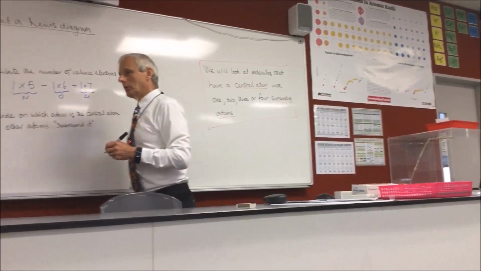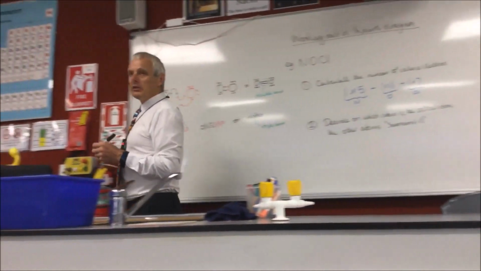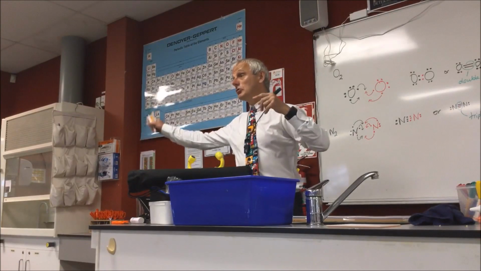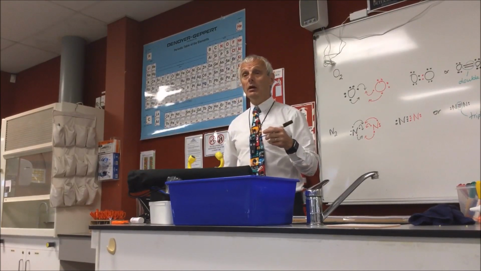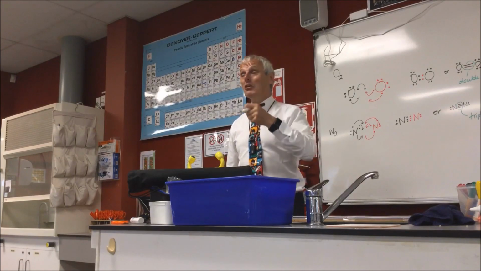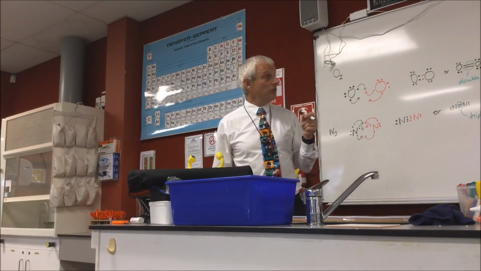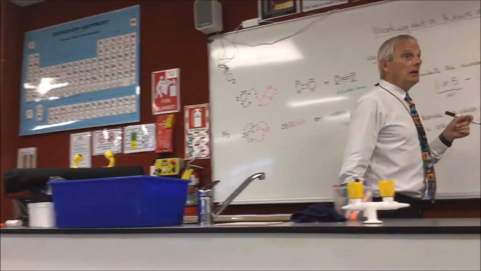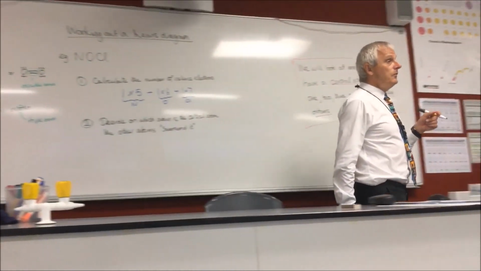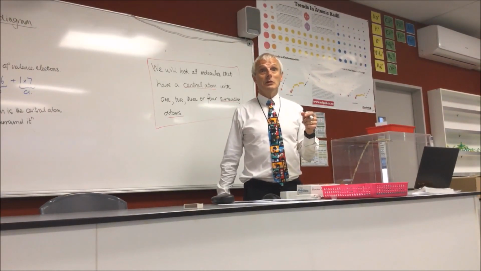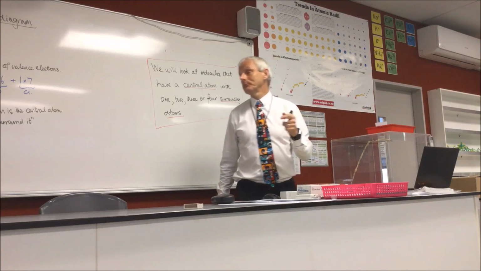The one that's going to be in the middle is going to be the one that needs to share the most number of electrons, isn't it? Because it's going to need 1, maybe 2, maybe 3, maybe 4 atoms around it, because it's going to have to share every one of its electrons to try and get up to a filled level. So the first thing you should look at is the one atom with the fewest valence electrons is the one that's going to be in the middle, because it's going to need to share the most.